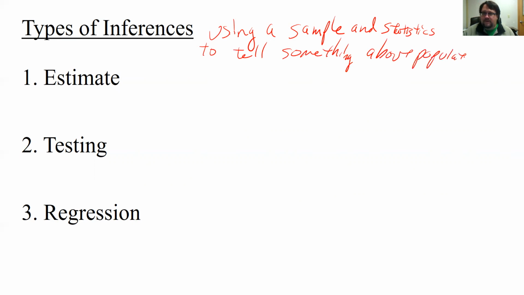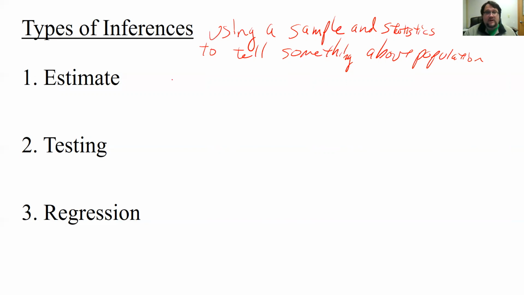So that process of looking at the samples, looking at the statistics you calculated from those samples, and then saying, okay, this is indicative somehow of the population. That whole process is called inference. So when it talks about inference, that's what they're talking about.